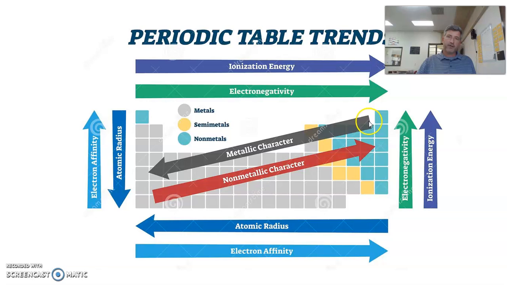And then things that are metallic tend to have larger radii, larger size atoms, but have the opposite: low electron affinity, low ionization energy, and low electronegativity.